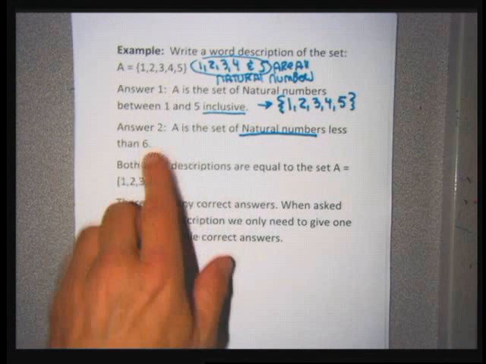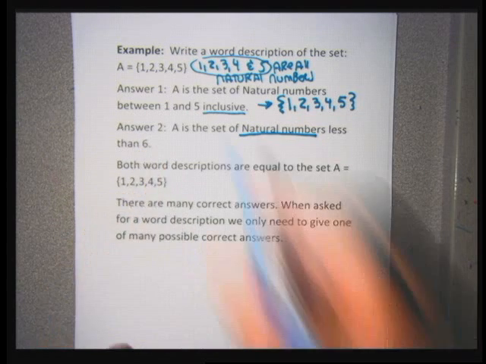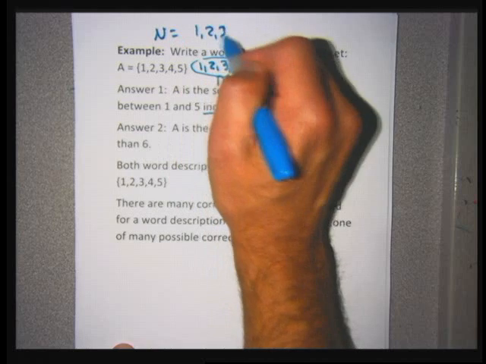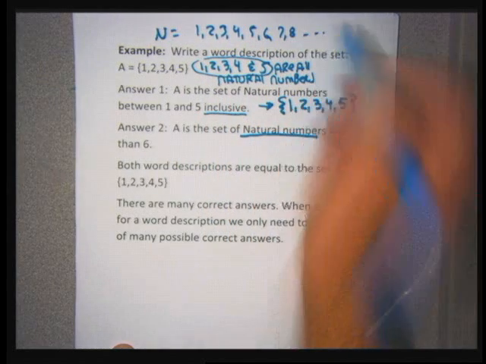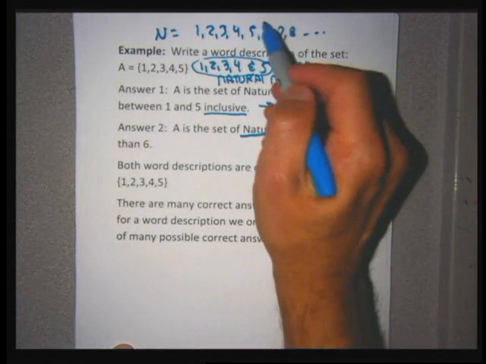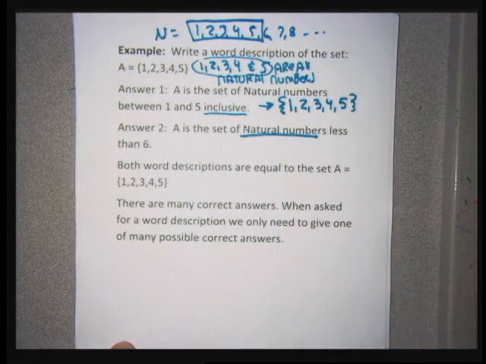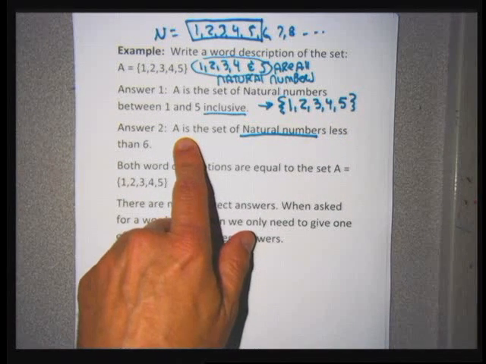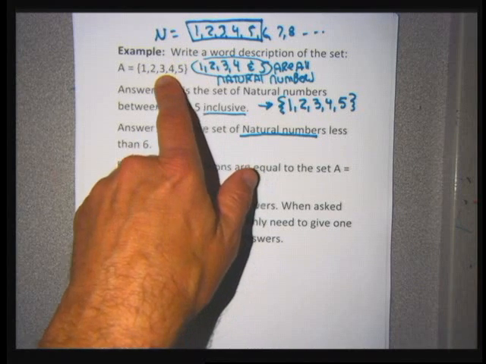And natural numbers less than 6, and if I look at my set of natural numbers, the set of natural numbers are 1, 2, 3, 4, 5, 6, 7, 8. They go on forever. The natural numbers less than 6 are anything less than 6 but not equal to 6, and they're the numbers 1, 2, 3, 4, and 5. So that's another correct answer for writing a word description for the set A, 1, 2, 3, 4, and 5.